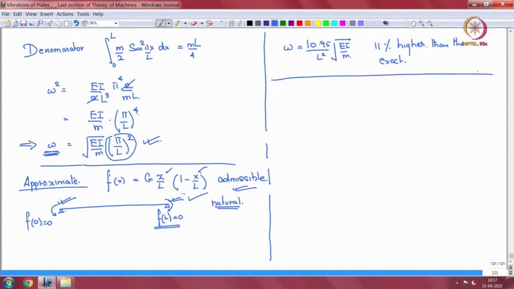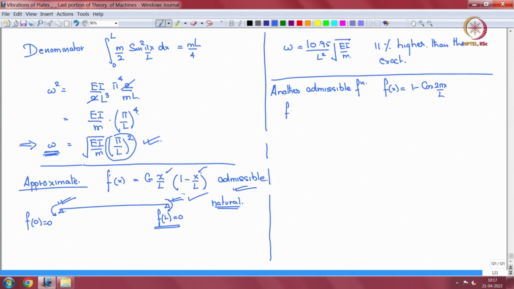So if we try another admissible function, which is f of x is equal to 1 minus cosine 2 pi x by L. This is admissible. Why?